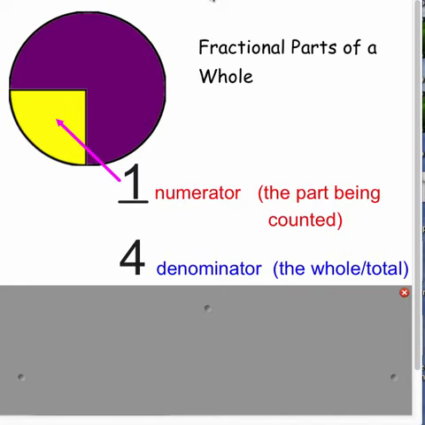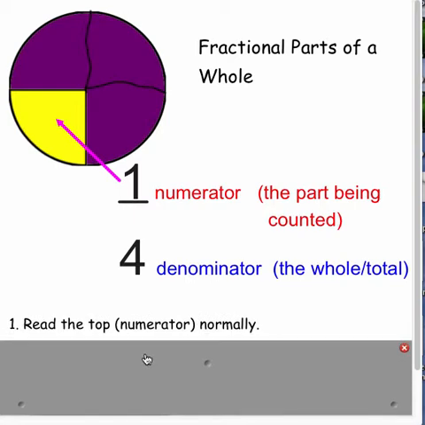You can see that if I were to draw in equal size pieces, just like the yellow one, I would have 1, 2, 3, 4 of those size pieces. That's how we get this denominator of 4. So if I want to consider the fraction of the whole circle, I would say that it is 1/4. 1/4 of this circle is yellow.